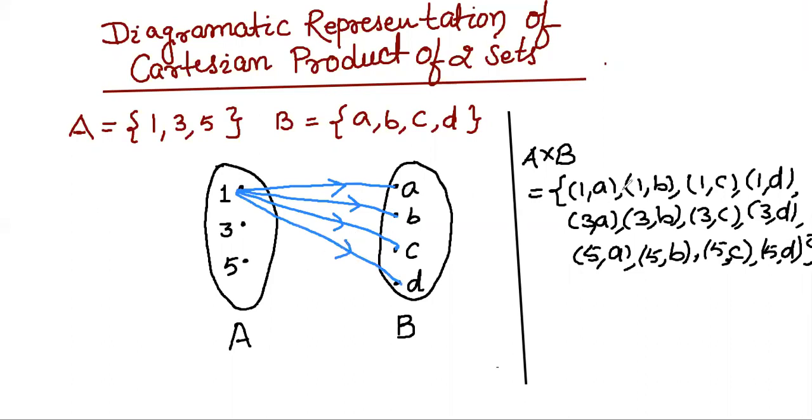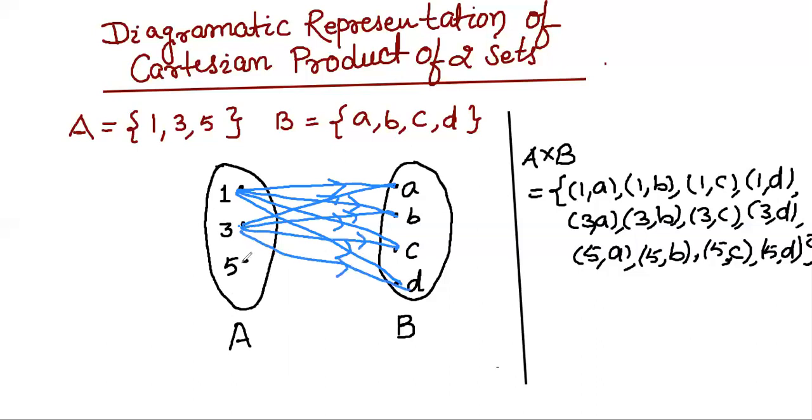So 1a, 1b, 1c, 1d are completed. After that we will take 3, the second element of the first set. So we will take 3a, then 3b, then 3c, and then 3d.